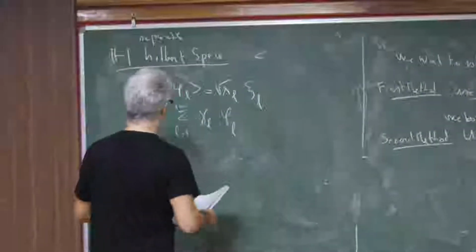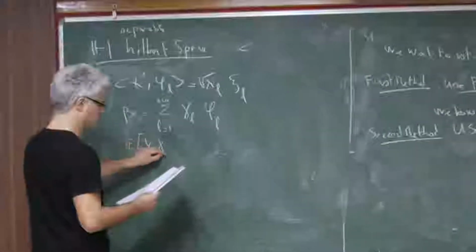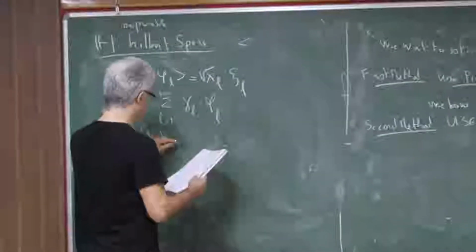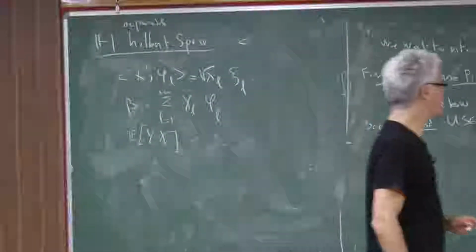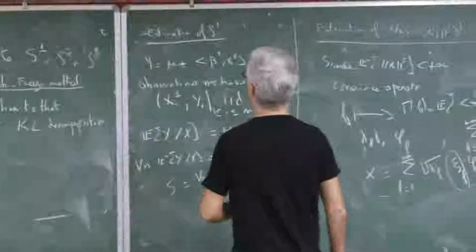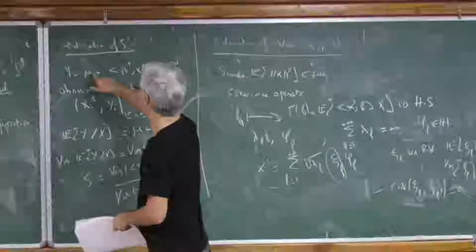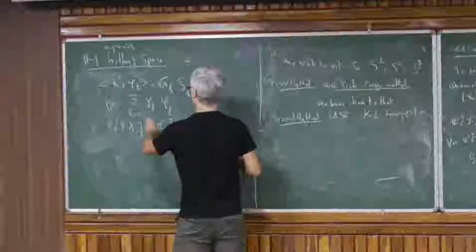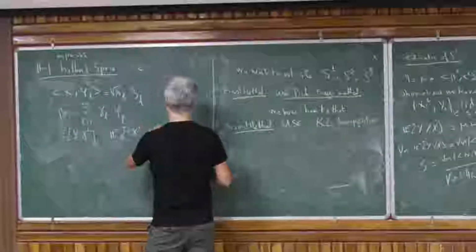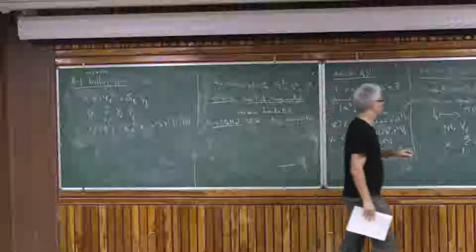So now what we have, if we compute the expected value of y times x, okay, so we see that if I multiply y by x and I take the expectation, x is centered, so this will be 0, this will be 0 by independence, so the only term we have is the scalar product between x1 and beta 1 times x1, and that will just be, by definition, gamma beta.